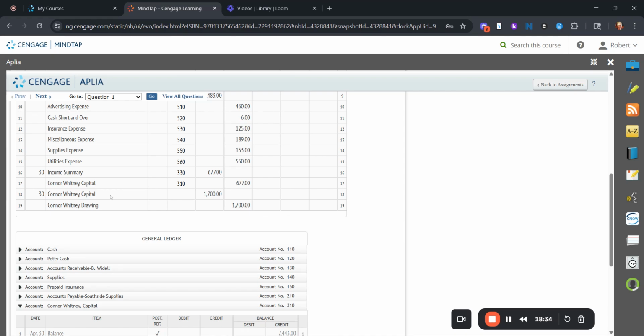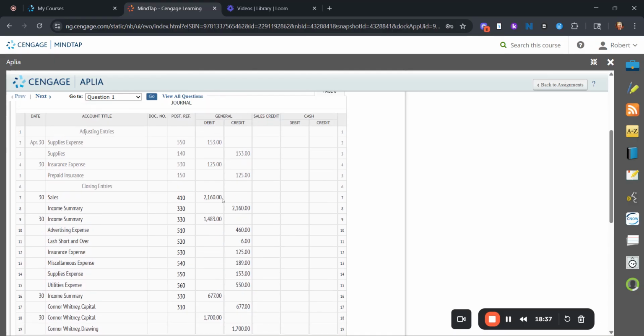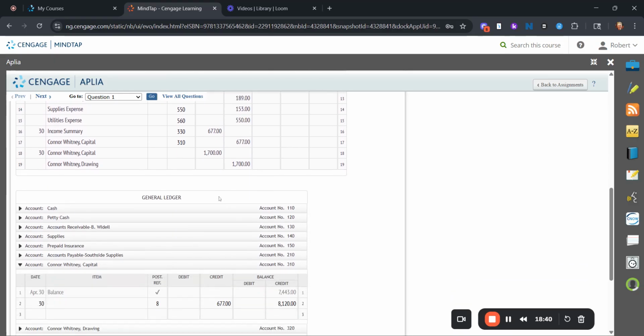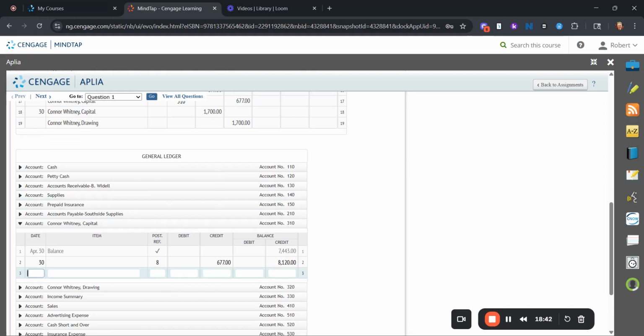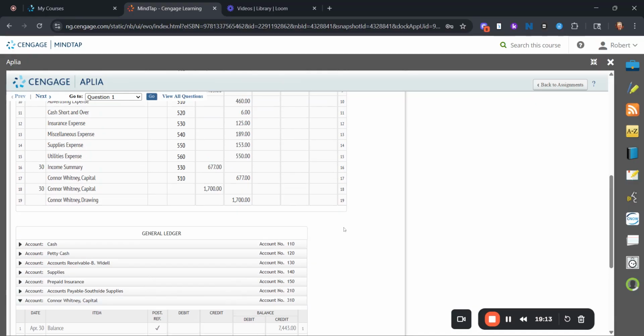Then another entry for the capital account, $1,700 debit. This is taking into account the money that was already taken out. So 8120 minus the 1,700, 6420. The account number 310.